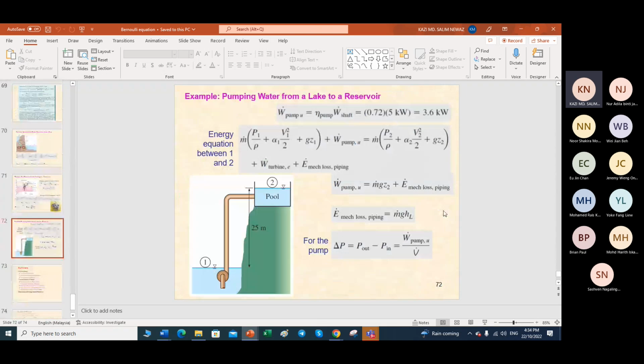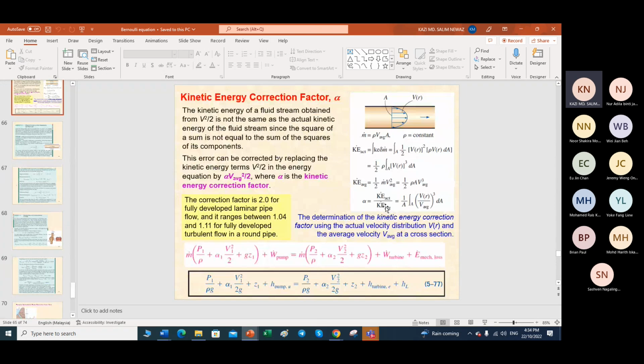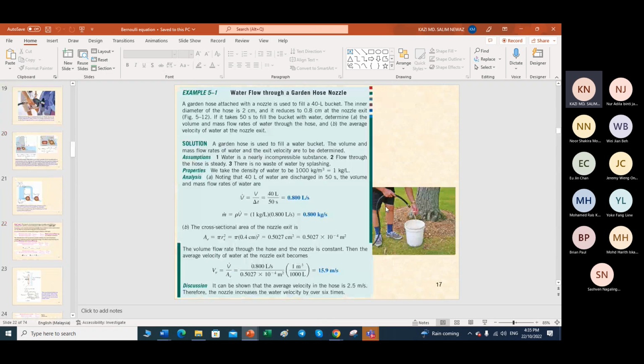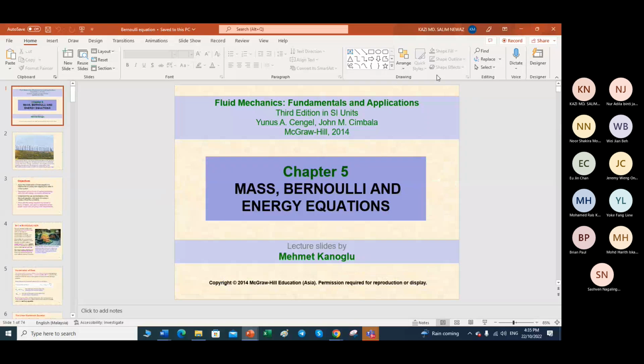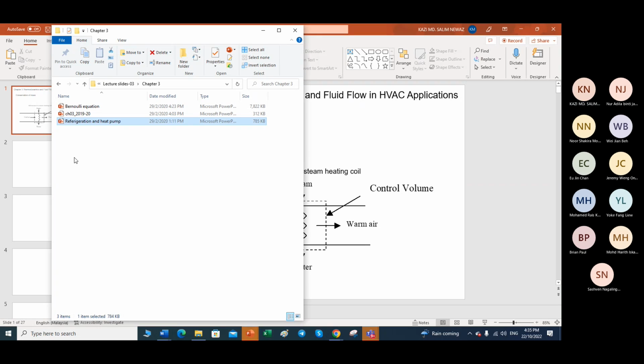That is why we are going through this. Is that okay? Then after that, we will go to the refrigeration heat pump.